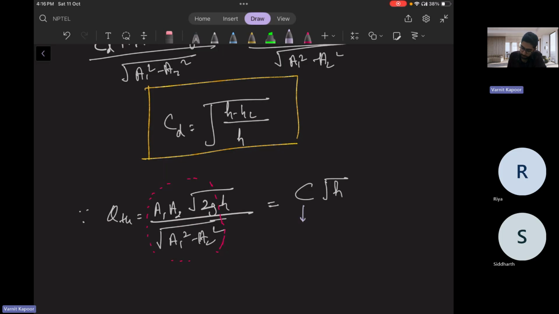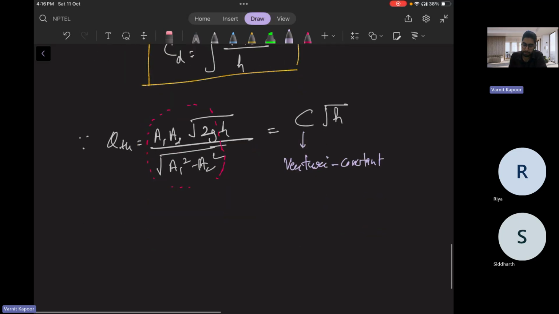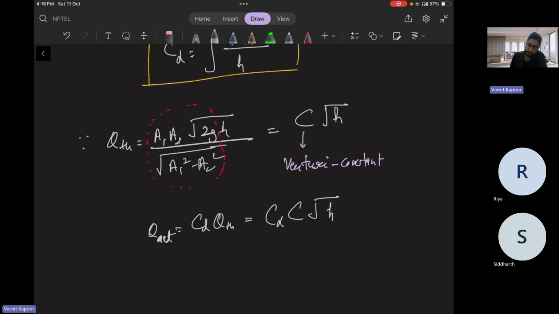So what will be Q theoretical then? Q actual will be CD times Q theoretical. That is nothing but CD times C into root of H. So Q actual is CDC root of H.